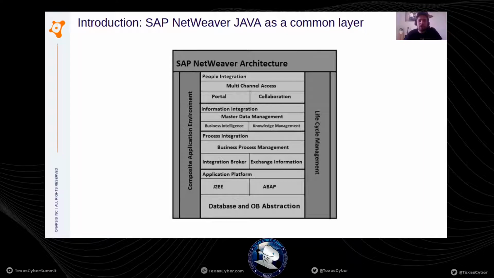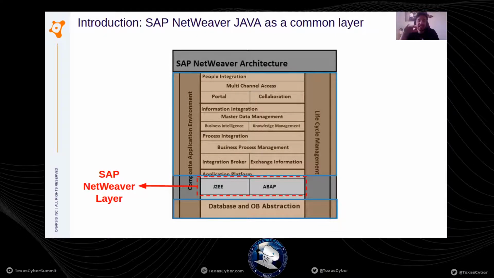Today, as I already told you, we are going to speak particularly about a layer that is part of hundreds of different solutions of SAP, which is called the SAP NetWeaver layer. This layer is a base layer for a lot of different solutions, and this means that a lot of SAP solutions are built on top of it, so they share this layer.